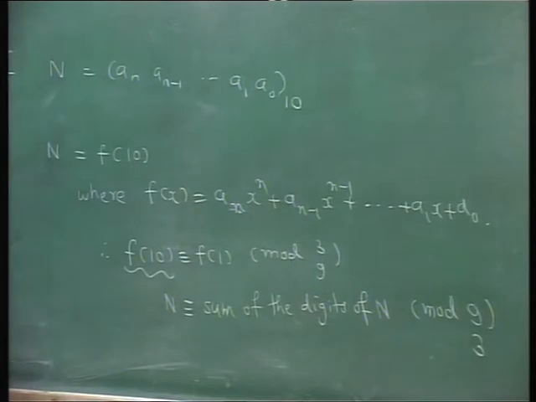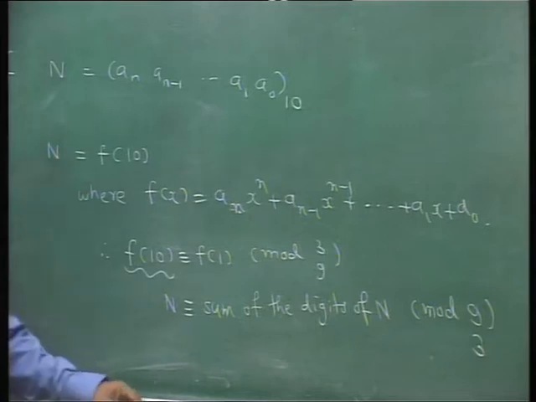Here we are using that 3 and 9 are divisors of 9, and 9 is 10 minus 1.